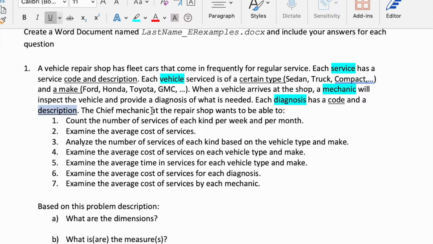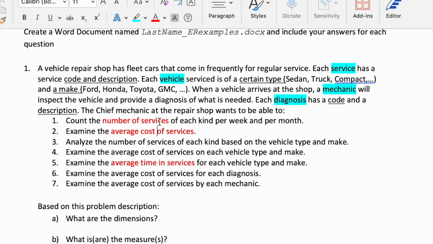The mechanic could be separated, like a chief one or a junior one, right? It might depend on how many years they've worked in the shop. And something they care about is the average cost of service and average time in service.